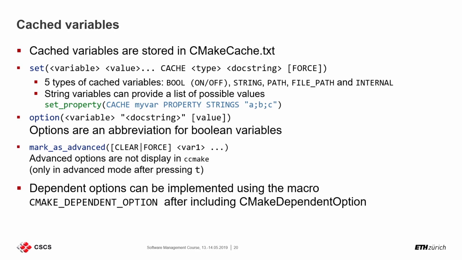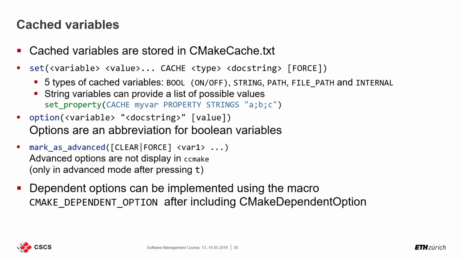And these cache options can have different types, so they are not really different in the sense that they are stored internally as different types, because internally all is strings. But this is how they show up in CMake or in the graphical CMake GUI. So if you set it to path, then you will get an option where you can click in the graphical user interface and open the file path.